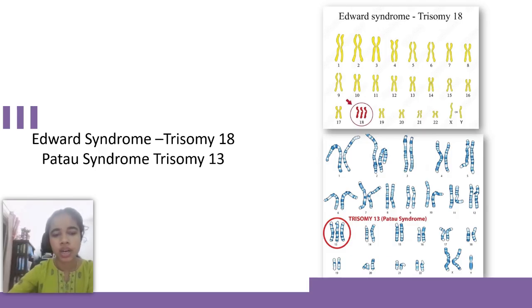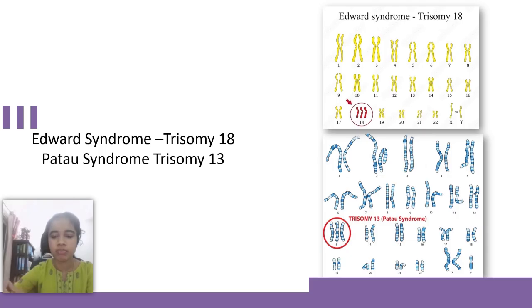So why are trisomy 18 and 13 more serious than Down syndrome, trisomy 21? Chromosomes 13 and 18 carry more essential genes required for development. So this will lead to disrupting multiple organ system development very early in life.